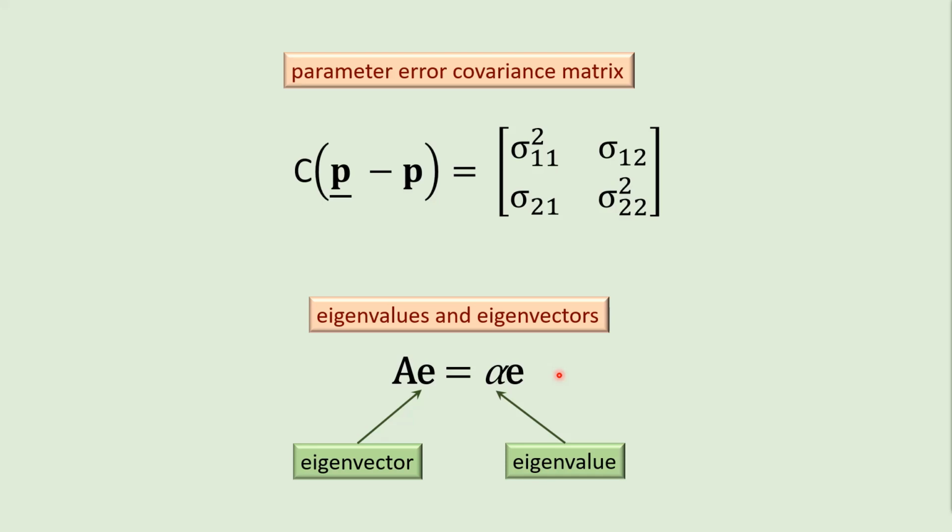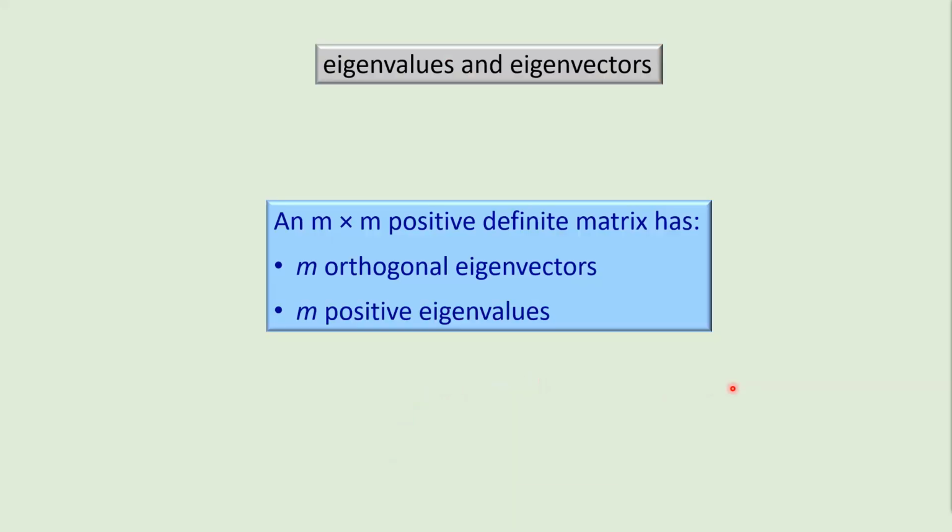In our case, they have some very special characteristics. Firstly, we're dealing with a positive definite matrix when we're dealing with a parameter covariance matrix. An M by M positive definite matrix has M eigenvectors, which are orthogonal to each other, and corresponding to each eigenvector is an eigenvalue. Eigenvectors and eigenvalues occur in pairs. An eigenvector has a corresponding eigenvalue.